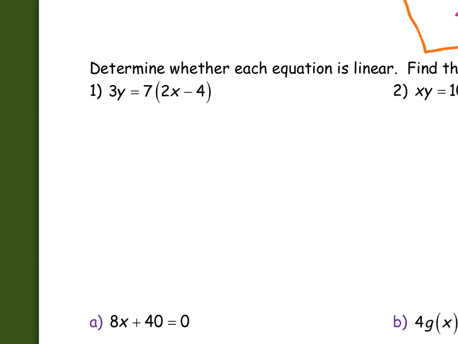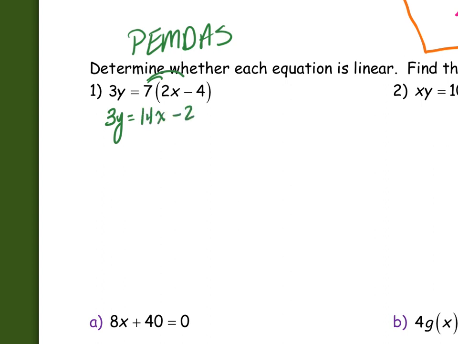Let's try and get the y by itself and see what we get. So the first thing I have to do is, according to PEMDAS, if I can spell it, PEMDAS is my parentheses, right? So I have to take care of my parentheses. So that means I'm going to distribute. Good. So I get 3y equals 14x minus 28. Yes, good.